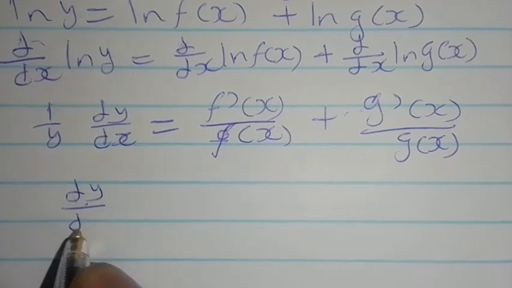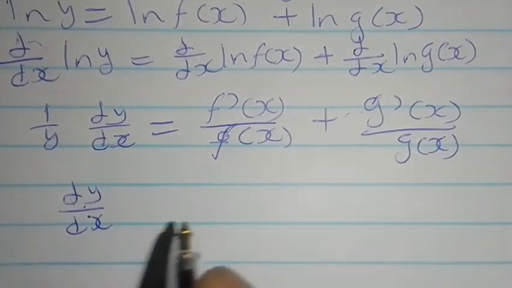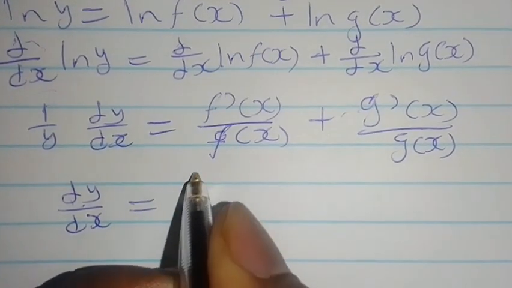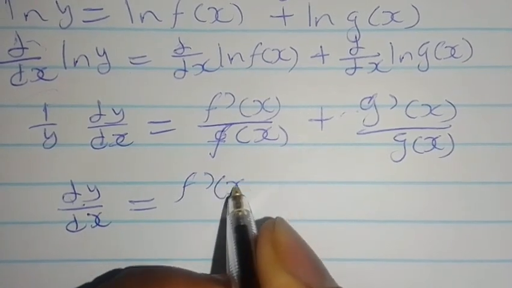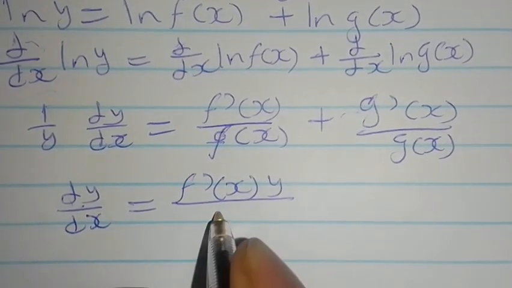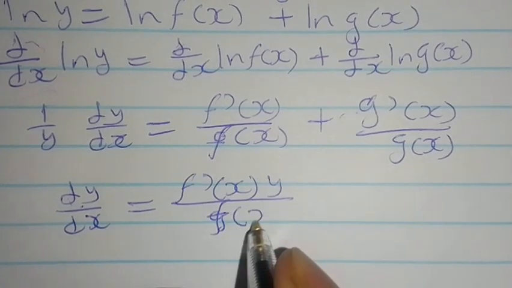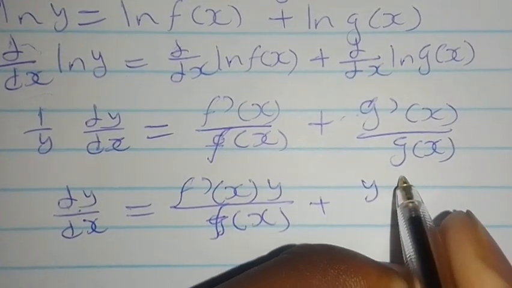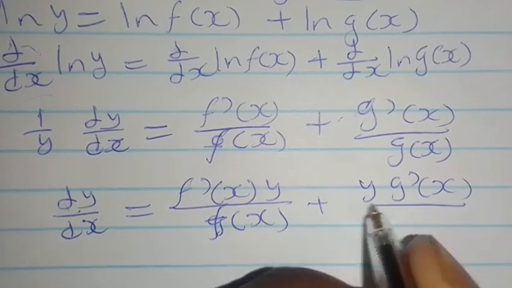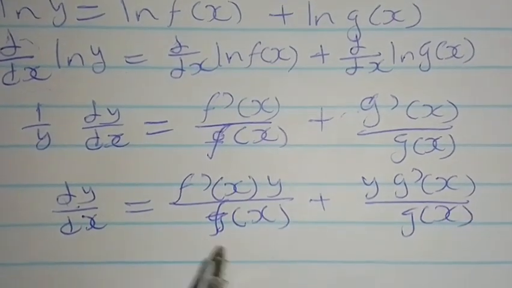Then I'll have dy over dx. The y will cancel this one. This will be f prime of x multiplied by y divided by f of x plus y times g prime of x divided by g of x.